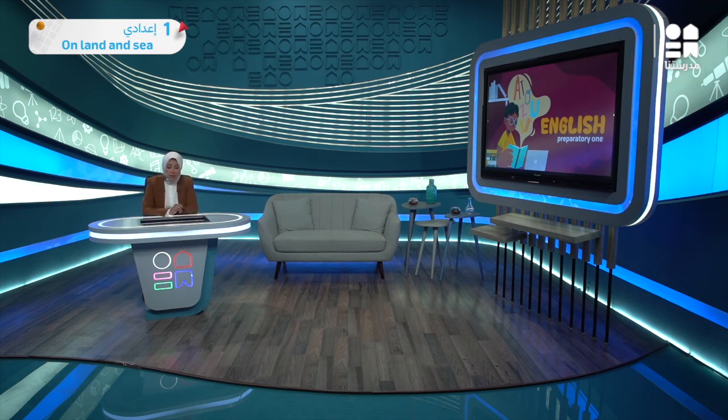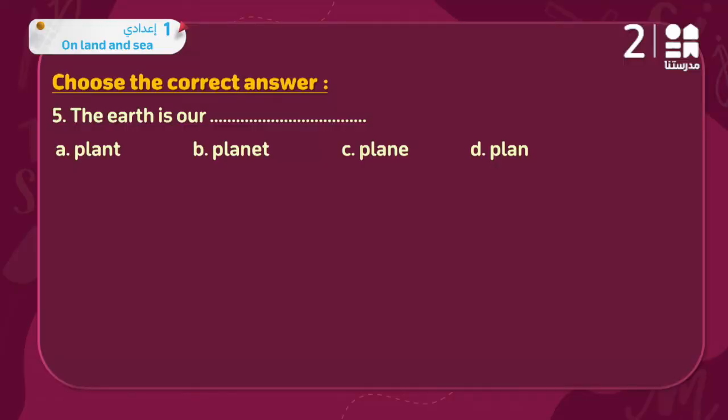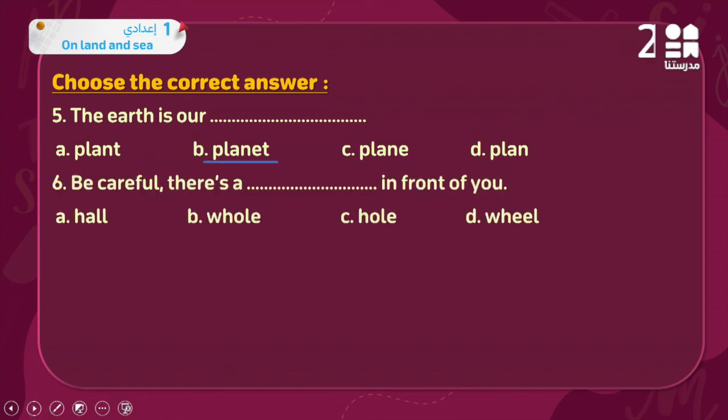The earth is our plant, planet, plane or plan? Plant, planet, plane, or plan? Of course the earth is our planet. Be careful, there is a in front of you.